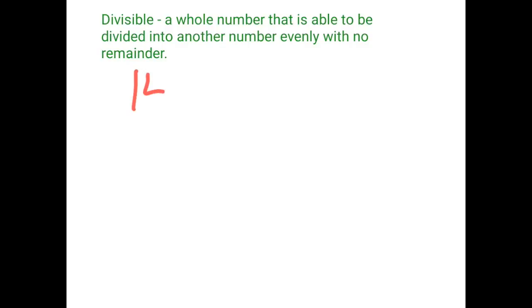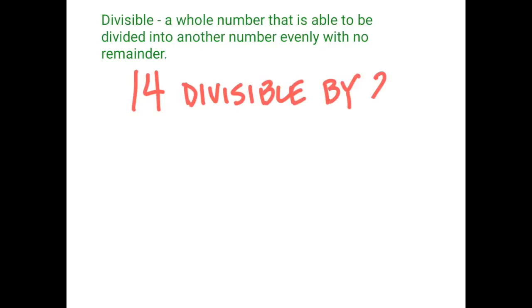So for example, 14 is divisible by 2 because when I take 14 divided by 2, I get a whole number, 7, with no remainders. 24 is divisible by 3 because when I take 24 divided by 3, I get a whole number, 8, with no remainders. So the key is that when you take a number and divide it, you get a whole number. There are no remainders.